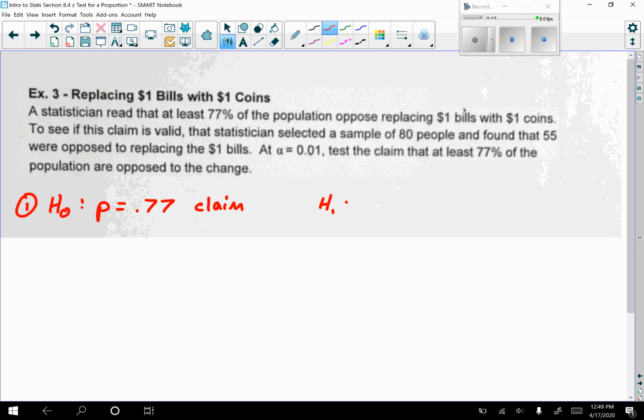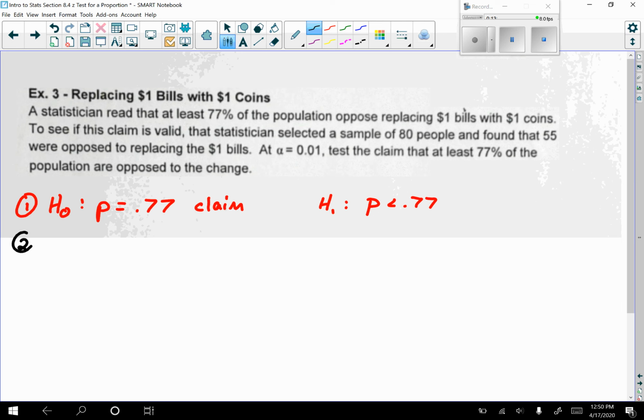That means the alternative hypothesis is going to be less than 0.77. We're looking at 77% exactly or something greater, so we could settle for just 77% exactly, and the alternative would be that it is less than 0.77.